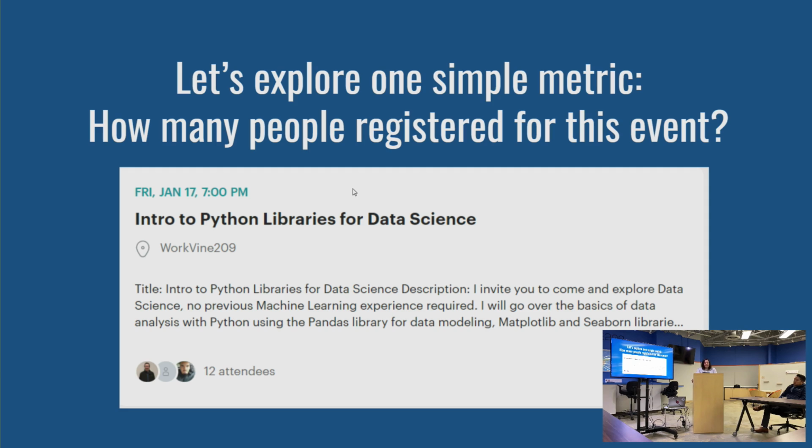So let's just explore one simple metric, and that metric is how many people registered for this event. So if we look at our event site, we had 12. Okay, that's not too complex.